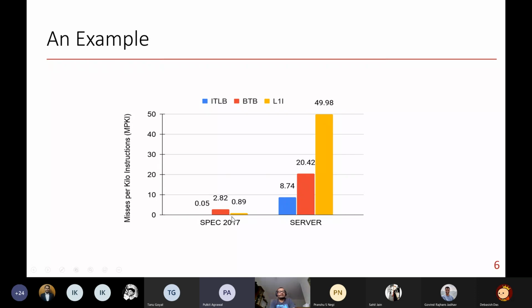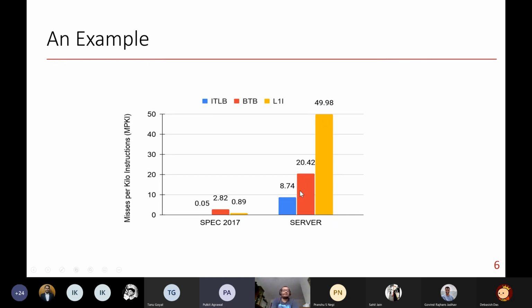The SPEC numbers are almost negligible, which means the code is fitting into the L1I cache easily. But for server, it's a pretty high number, almost 50 misses per kilo instruction, and this will create a bottleneck at the front end of the processor.